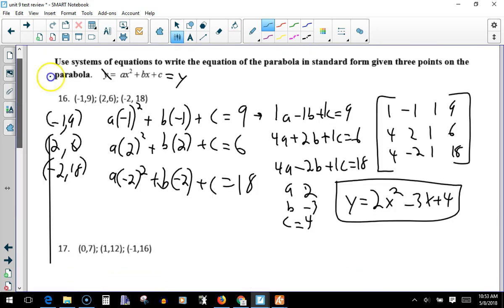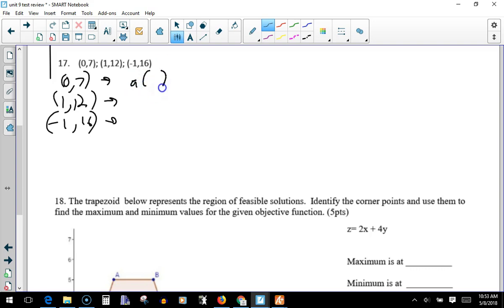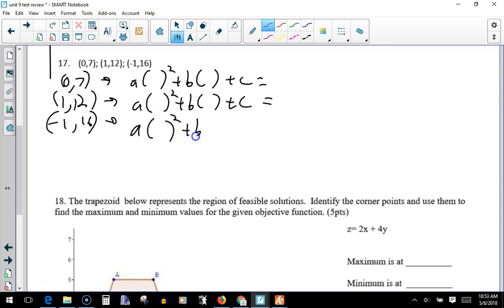All right, here we go. Love when that happens. 0, 7, 1, 12, and -1, 16. Again, if you want to do this first, you can just set up like this: a squared plus b plus c equals, a parentheses squared plus b parentheses plus c equals, a parentheses squared plus b parentheses plus c equals.